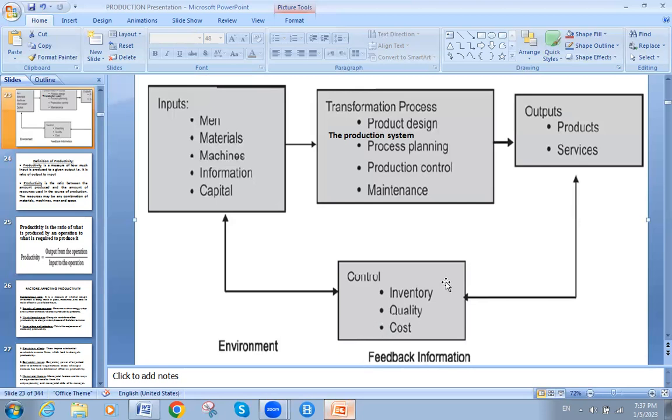So the control is to check whether the outputs are according to what we planned, or whether there are gaps between the outputs and what was planned. If there is any problem, we can correct it. For example, if I have broken units that are not exactly as we planned or specified, then we can return them into the transformation process.